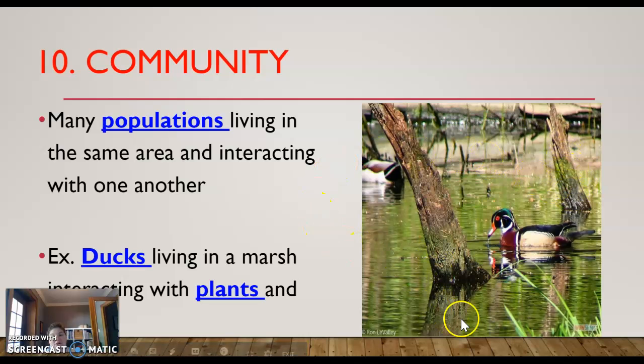So there are a multitude of different populations that exist in the same geographic location. If the populations exist in the same area, then they're known as a community. They cannot mate with each other because they're not part of the same species. They are interacting with each other because they're part of the same community.